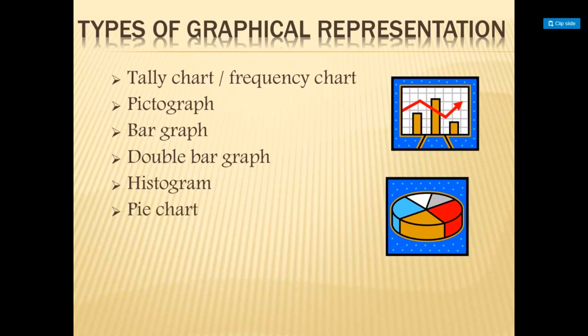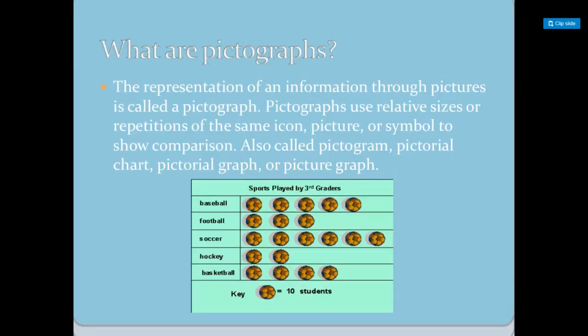Now in this chapter we are going to learn about histogram and pie chart. How to draw the histogram, what is the basic difference between a histogram and bar graph, and how to draw a pie chart.